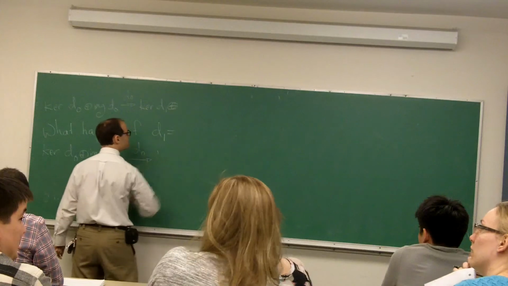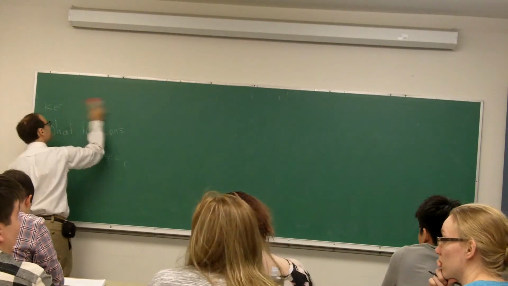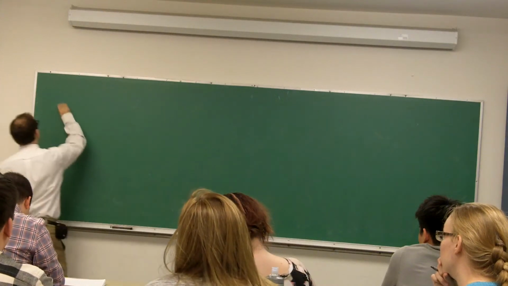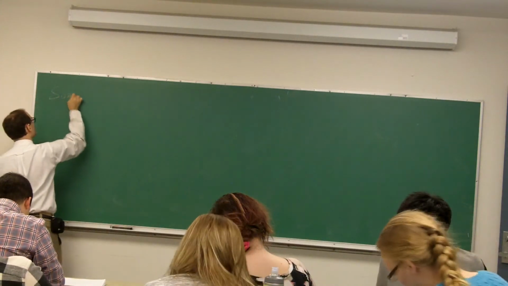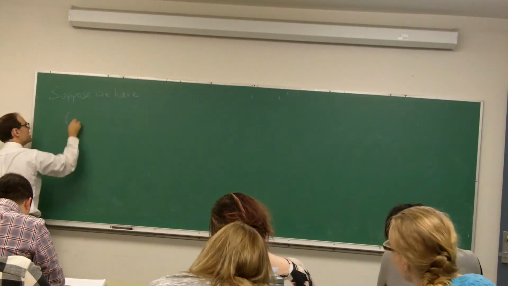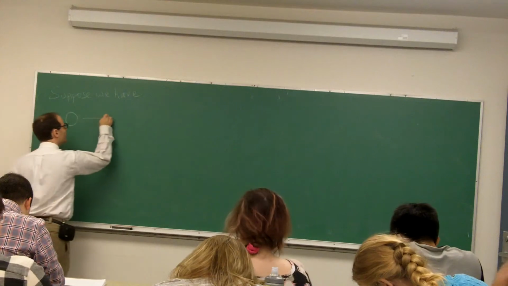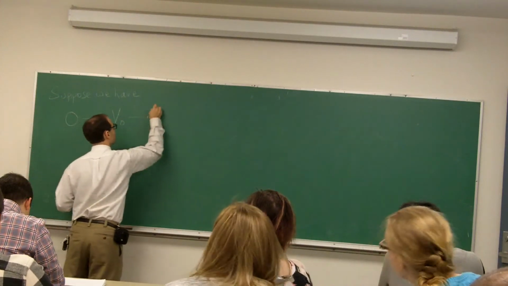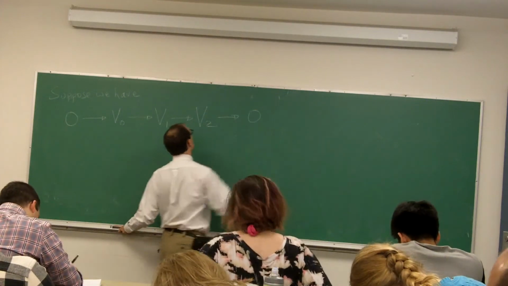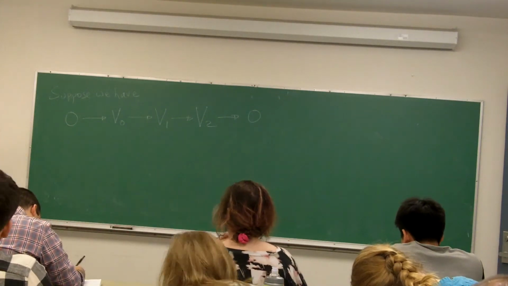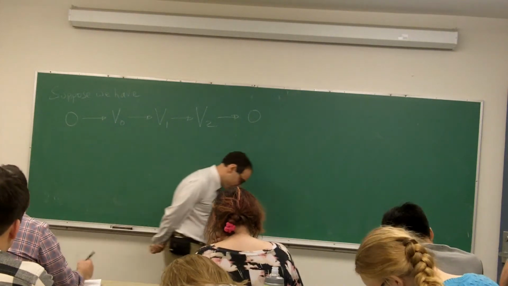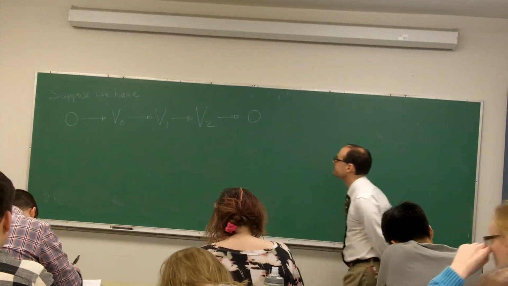Well, this particular kind of sequence happens enough that people give it a special name. So suppose I have 5 spaces. The first and last are 0, and I have 4 maps.